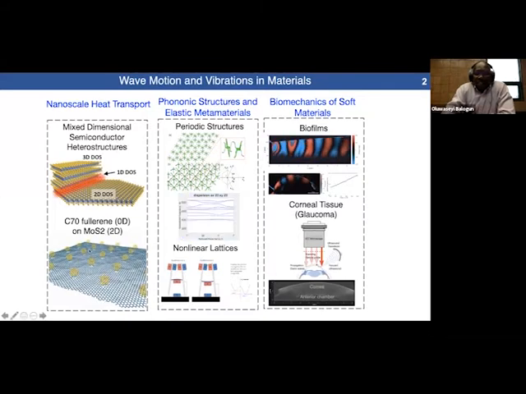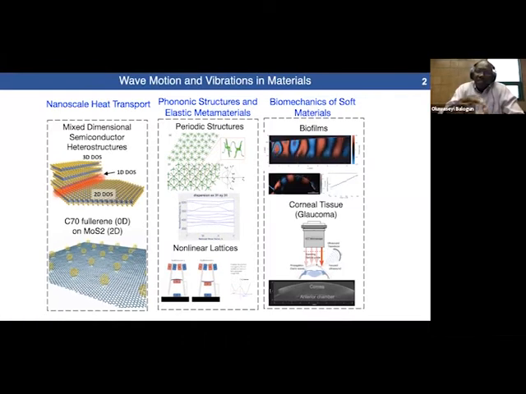We're also interested in mixed dimensionality. For example, when you combine a 0D material like a fullerene with a 2D material like graphene or molybdenum disulfide, there we're trying to understand how these interfaces control the flow of mechanical vibrations between the 0D and the 2D materials.